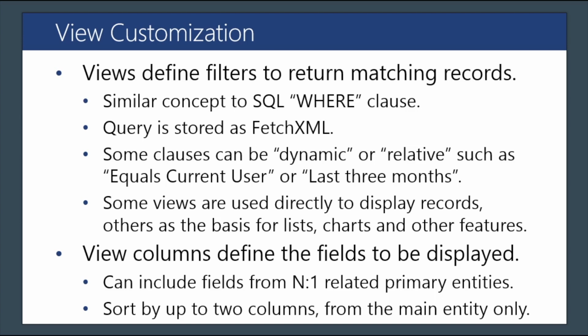On the columns that can be displayed within the view, you just define those columns. They're all ones that are related within the primary entity, or even potentially in a related entity. You can also display that information as well. And then you can predefine a sort by identifying up to 2 columns that drive the sorting of what's displayed from the main entity itself.